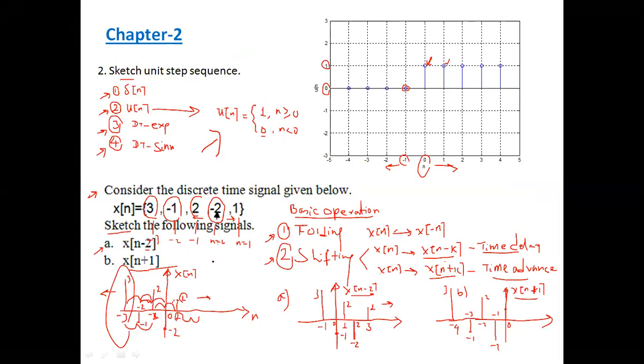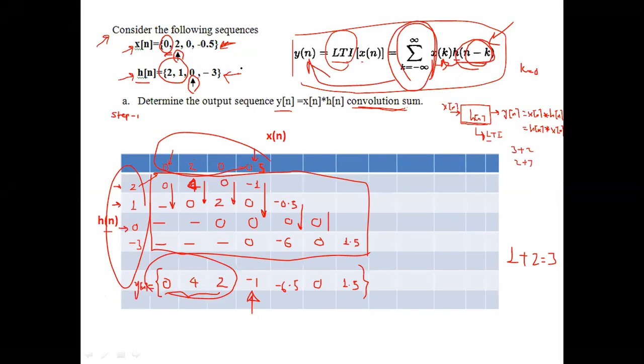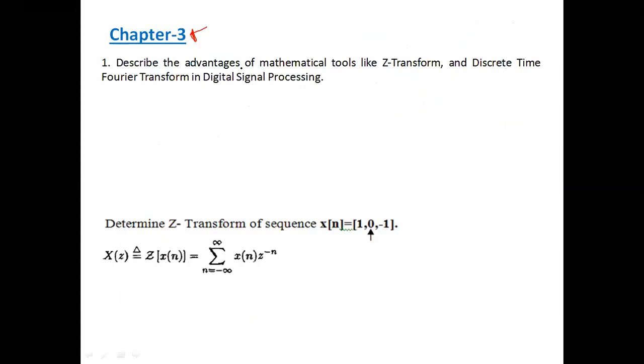Basic operation on signals, question number 2, and question number 3, convolution sum. Okay, that's from chapter 2. Next chapter is Z transform. The next chapter that will be included in your exam is Z transform.